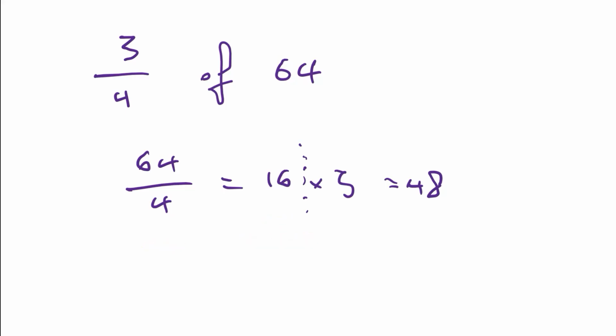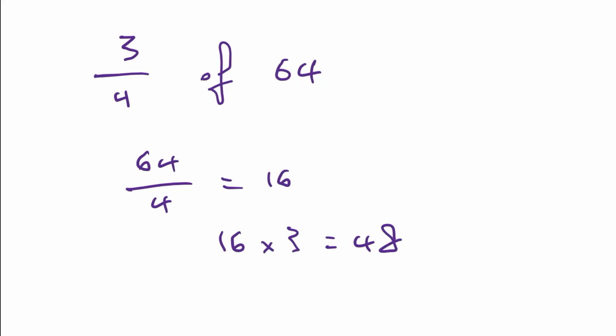Right, so what we need to do is take that second part and do it somewhere else. So we've got our first part done. 64 divided by 4 equals 16. Now that we've got that 16, we can take it and times it by 3 and come out with our answer of 48. That is our final answer. That is the correct answer. But we've done it in 2 steps, and we've kept those steps separate.